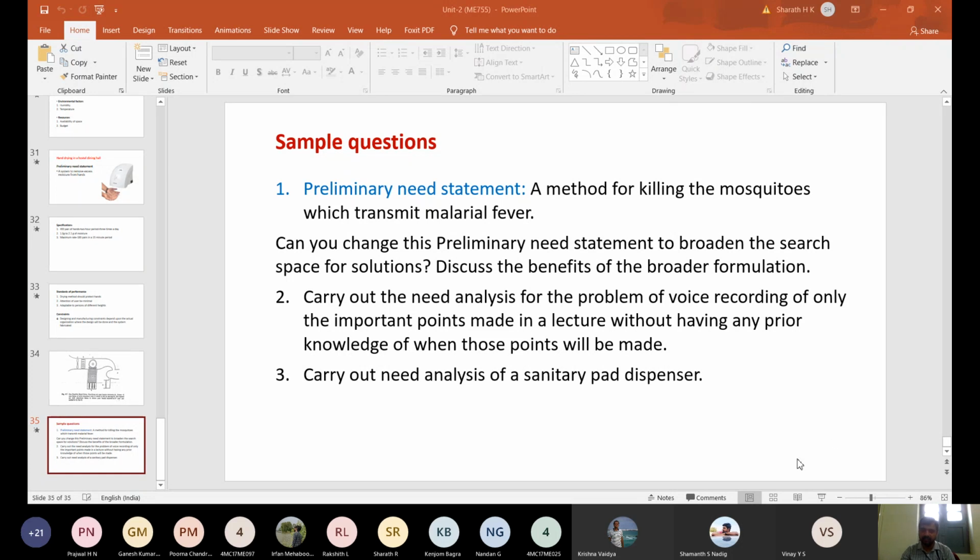Method to prevent generation of mosquitoes. Okay, then others.